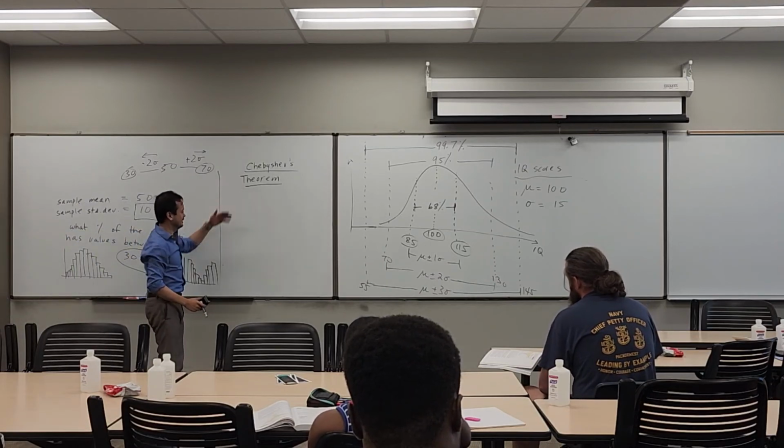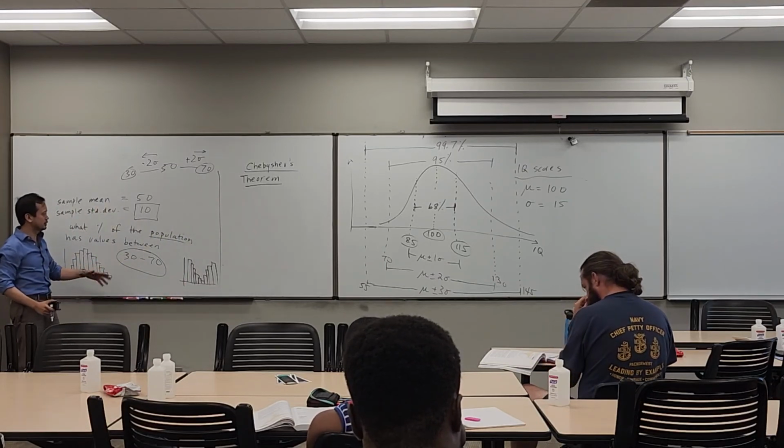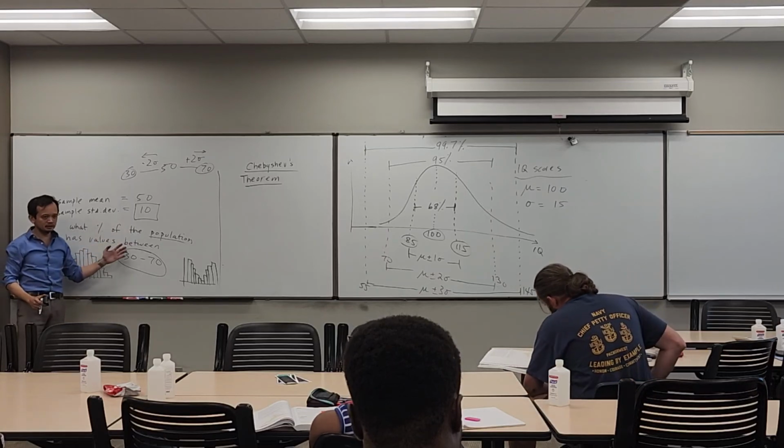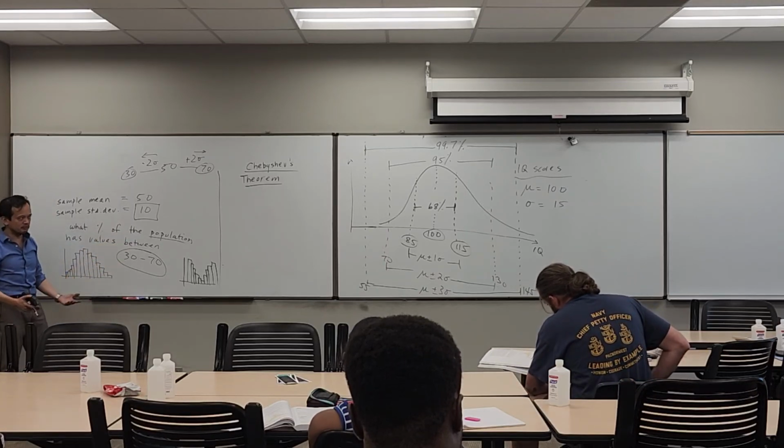So Chebyshev's theorem gives us the answer to this very question, which tells us the percentage of the population within a fixed number of standard deviations from the mean.